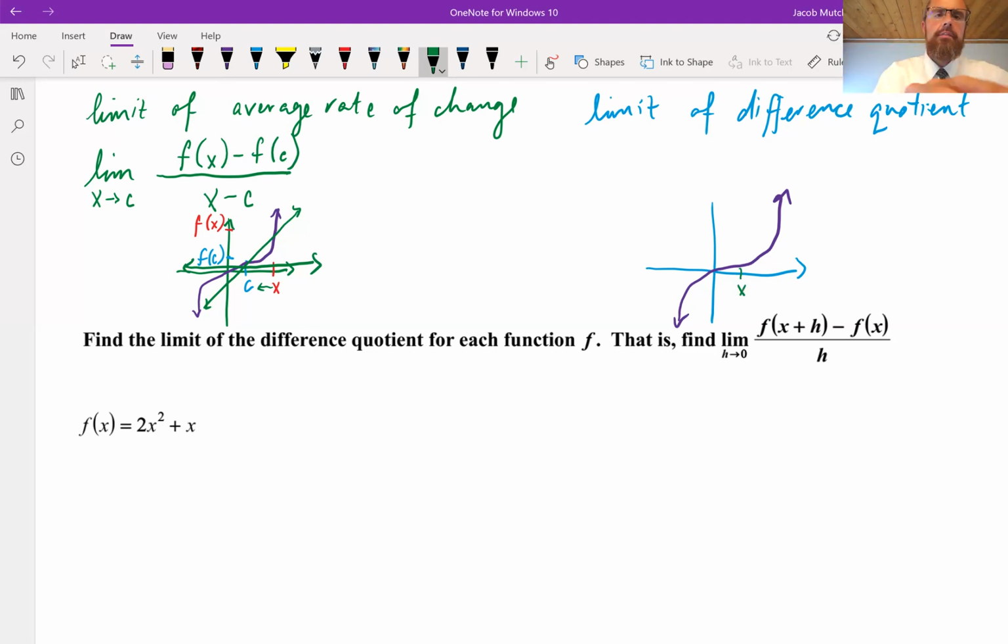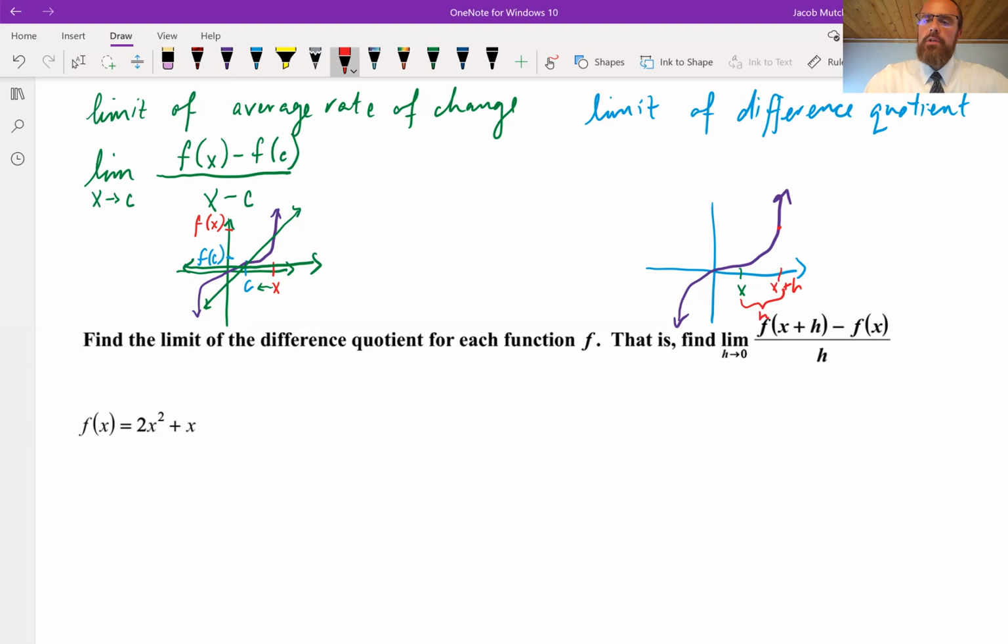And then instead of setting another point out to the right and calling it some other variable, I'm just going to say that the distance between those two x values is h. So if I think about what the coordinate would be for this x value on the x-axis in red, that would be x plus h, because I'm taking that x value and adding to it the distance between itself and that second point.